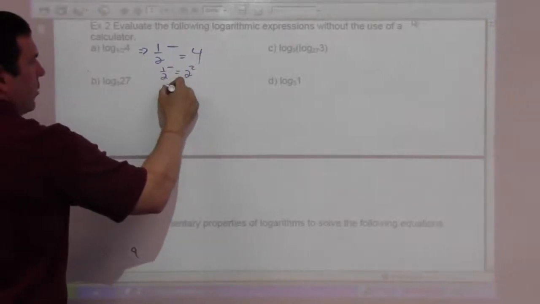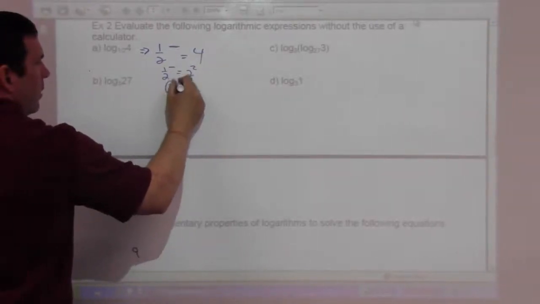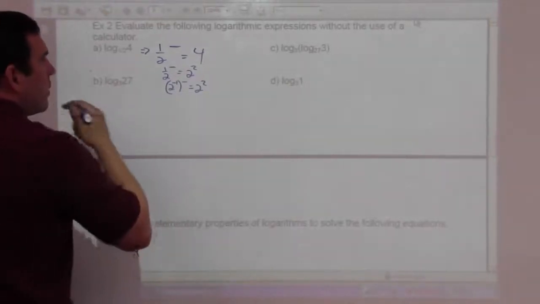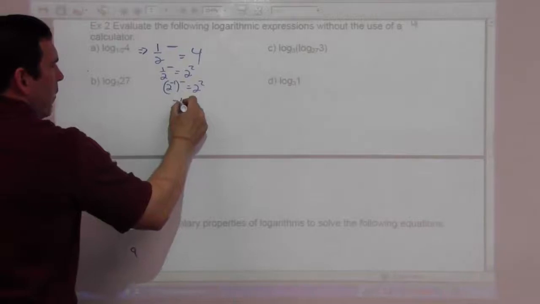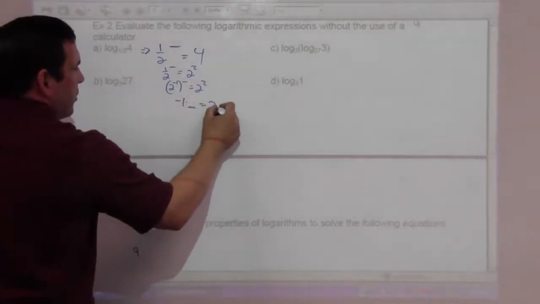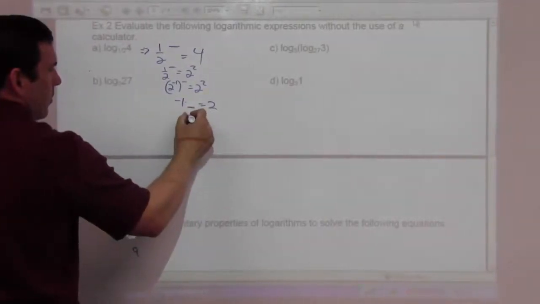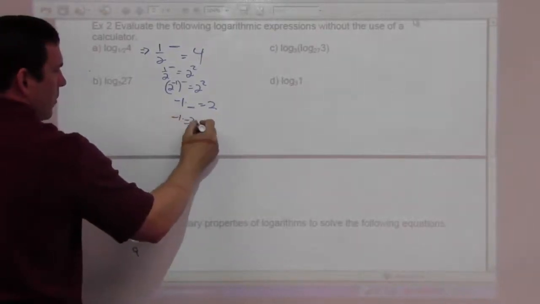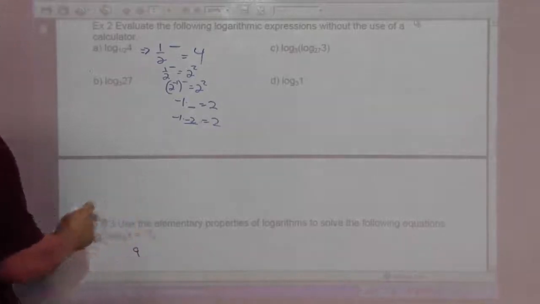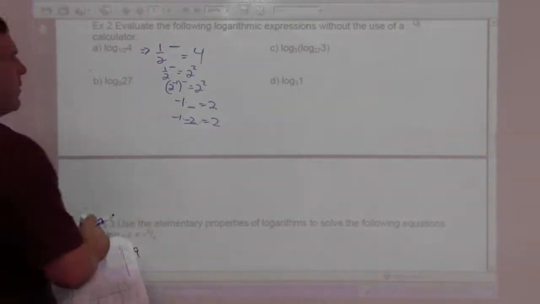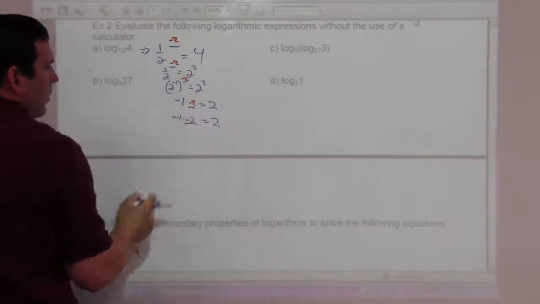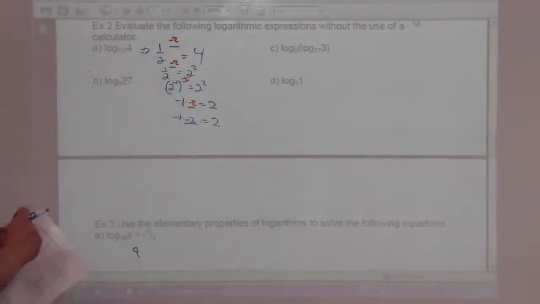Well, 1/2 is 2 to the negative 1, to some power makes 2 to the 2. So it's negative 1 times something makes 2. Well, that something must be negative 2. So it's 1/2 to the negative 2 power. So this answer is negative 2.